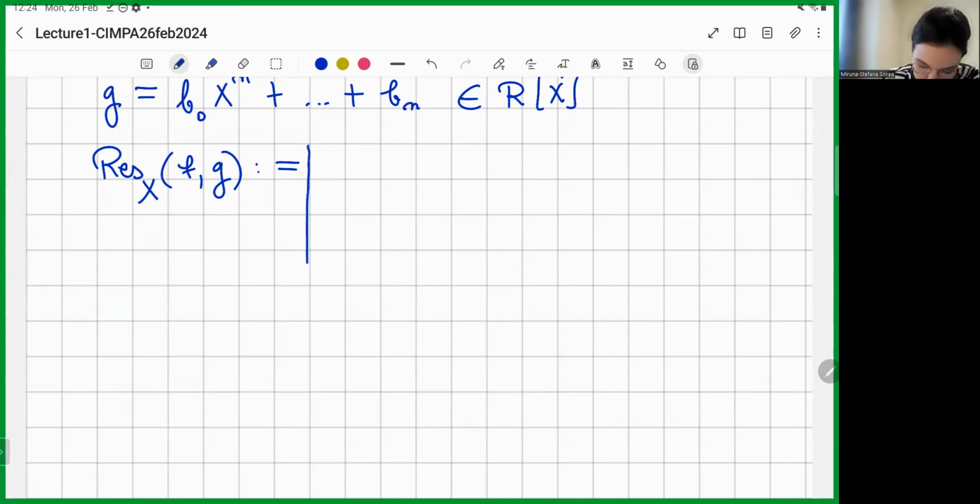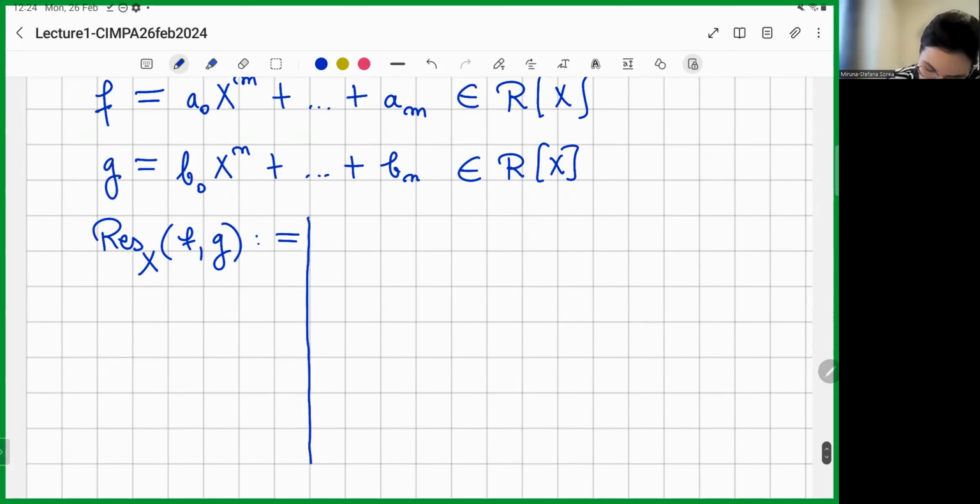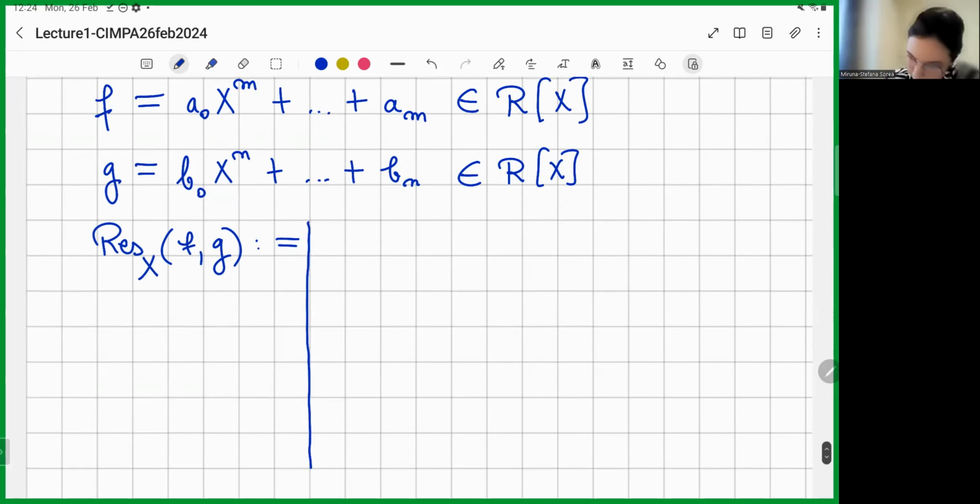So let's write like this. This is the determinant symbol, and we take first n rows. We write the coefficients of the first polynomial. So we have a0, a1, ..., am, then a0, a1, ..., am, and so on.